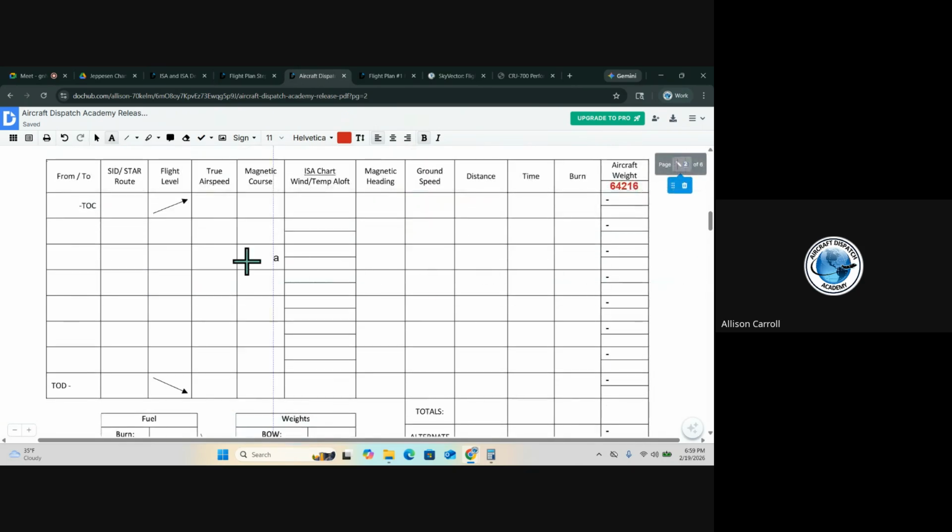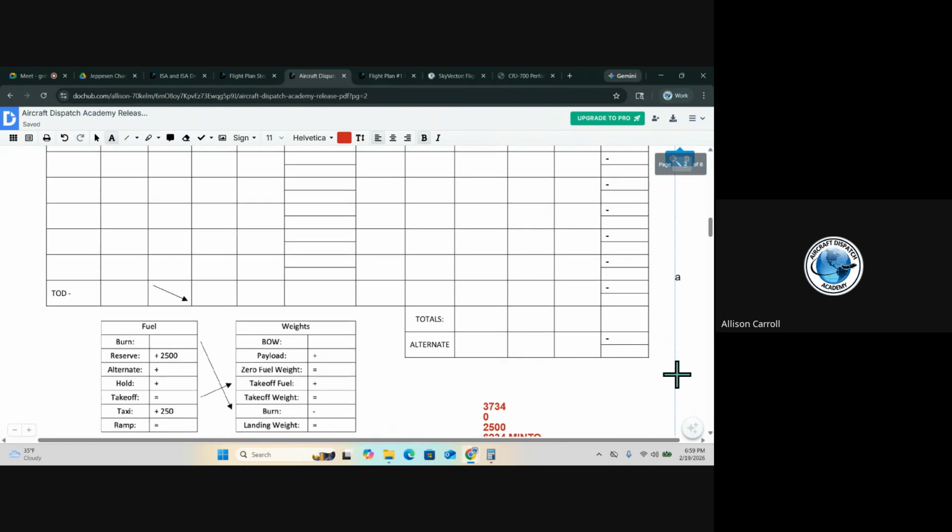Well, guess what? Now we are going to go into the whole en route process as well. Now we're going to do performance. We're going to find the actual performance numbers for climb, for descent, and for the en route portion. We're going to do a lot of different calculations, and we are going to find our actual numbers.